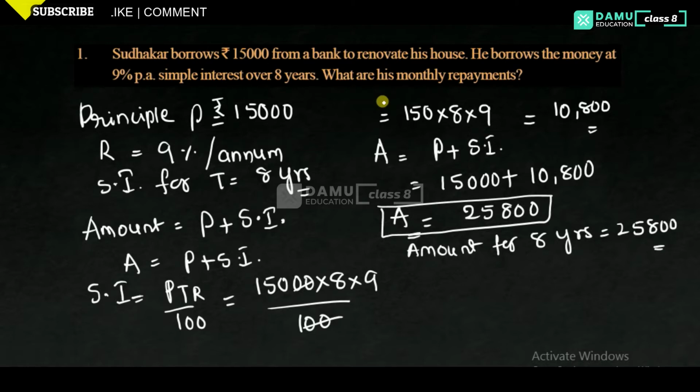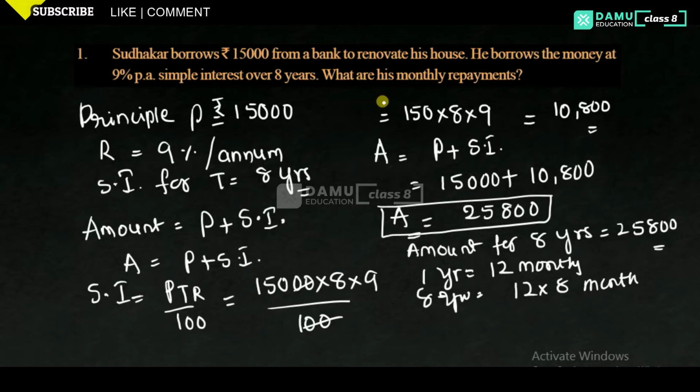Then what is the monthly repayment? So 8 years, we can take it as 1 year will be equal to 12 months. Then 8 years will be equal to 12 into 8 months. Then the amount for 1 month into 12 into 8 will be equal to the amount, that is 25,800 rupees.